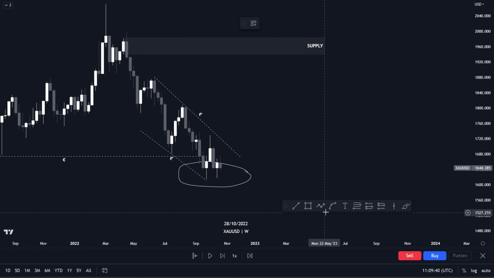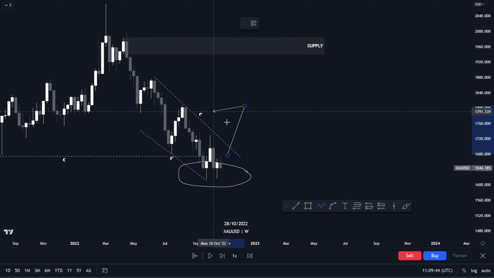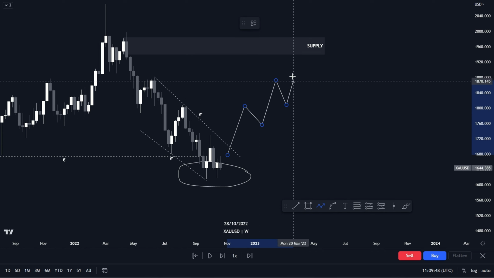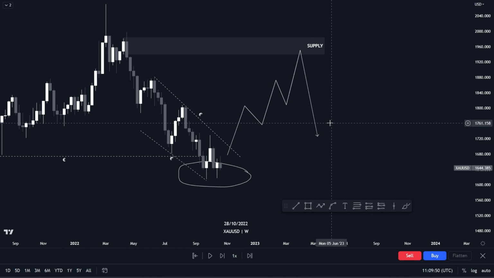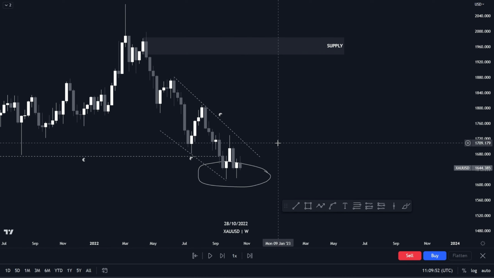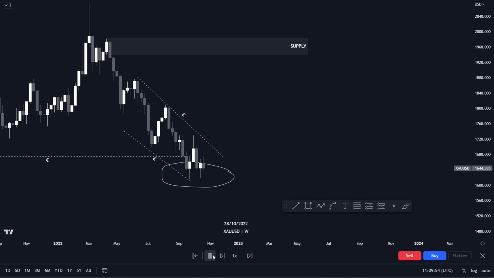So what we are expecting is price to clear out, to sweep this liquidity here, push to the upside, tap into our supply and push to the downside. Okay, and price did exactly so.